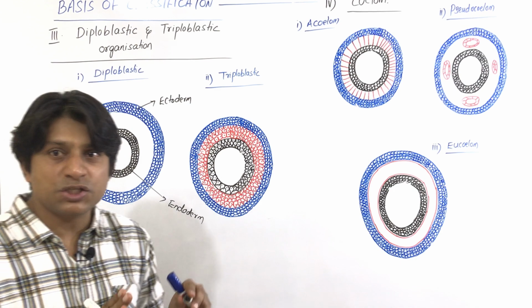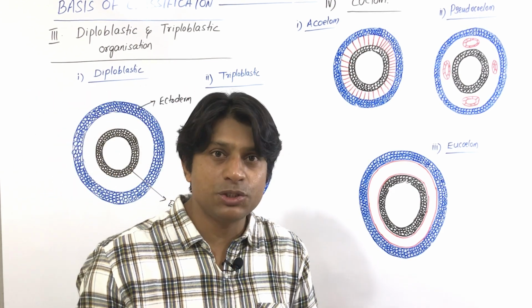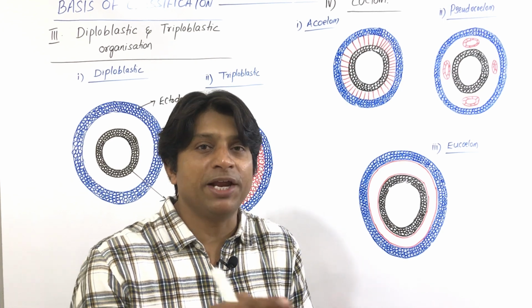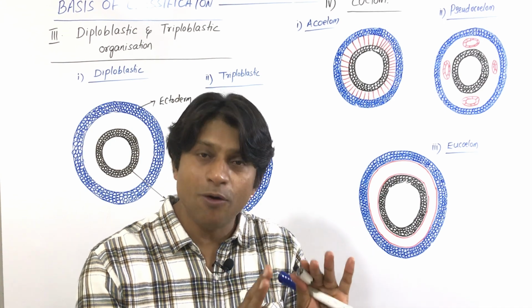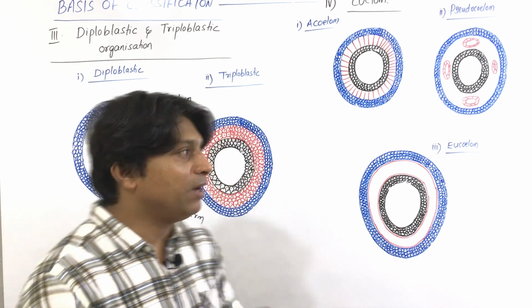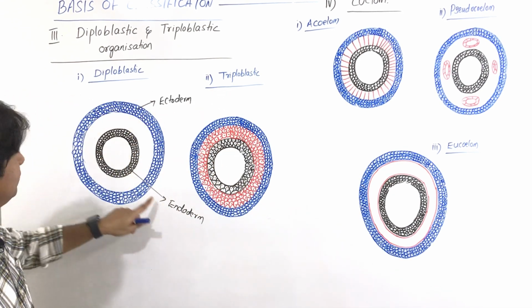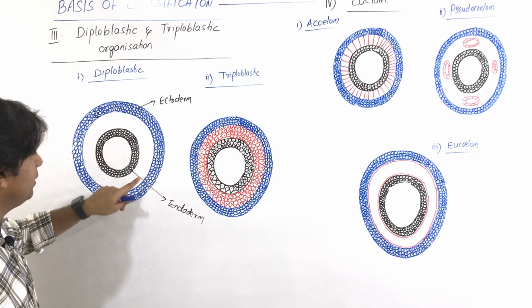The cells from these two layers specialize to form different tissues which perform different functions. So in tissue level organized animals, like mostly in Cnidarians, you have only two layers, that is outer layer ectoderm, inner layer endoderm, and the central cavity that is surrounded by this endoderm.